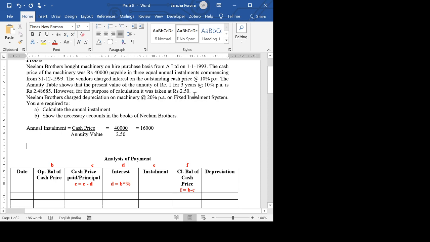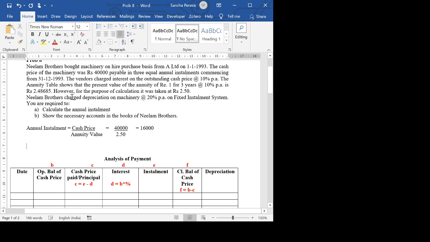Instead of giving it separately, they've given it combined. I showed you in the previous problem how to take it combined, how we got 2.73 by putting all 3 years together. Here they have directly given it to you. That's why I did that problem first. So let's see the logic.